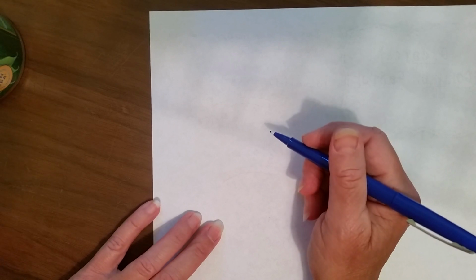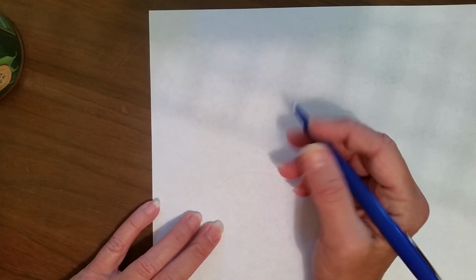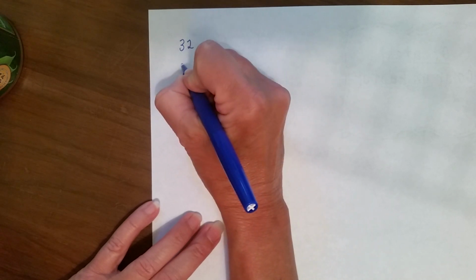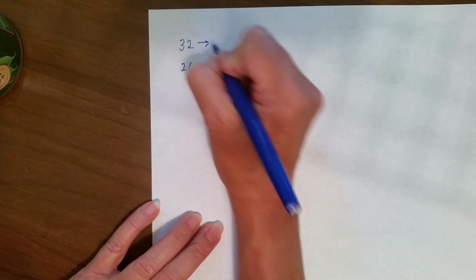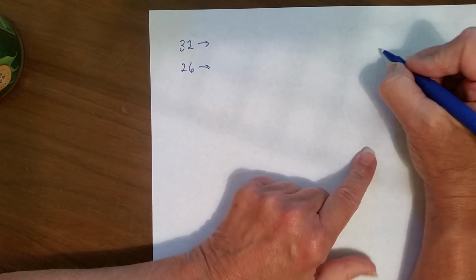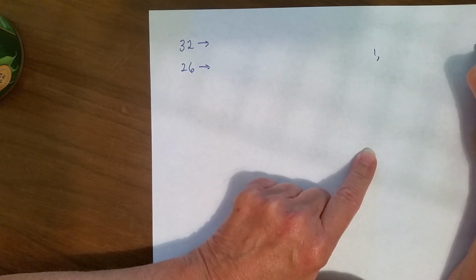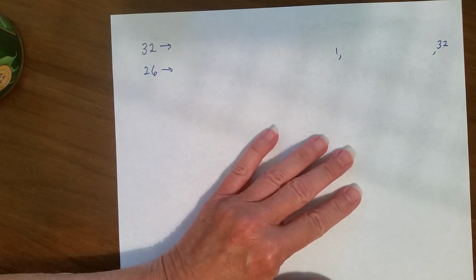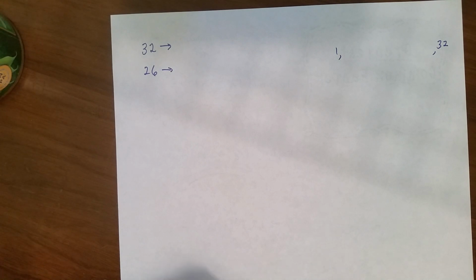How about, let's say, 32 and 26. I'm going to do the rainbow method for 32. So I know we've got 1 and 32, because obviously 1 times 32 is 32.